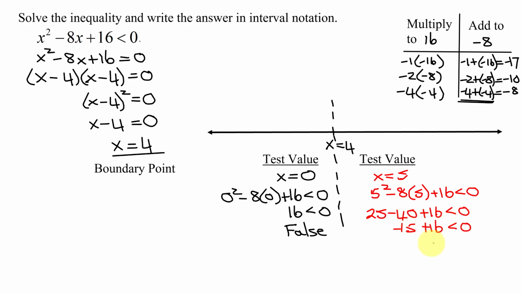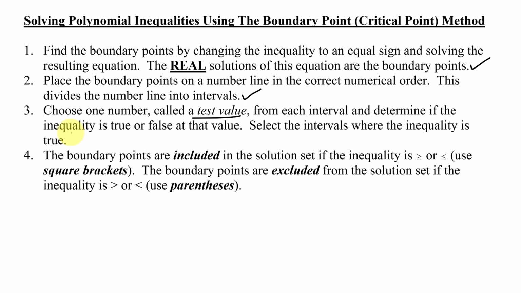Negative 15 plus 16 is 1. Is 1 less than 0? That is also false. So I do not want this region. So looking at our steps, I have completed step 3.